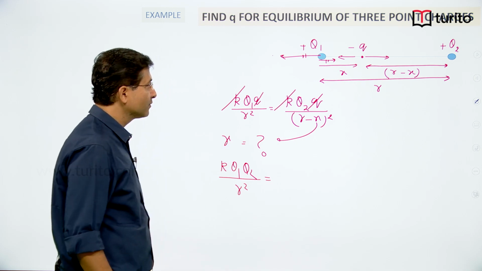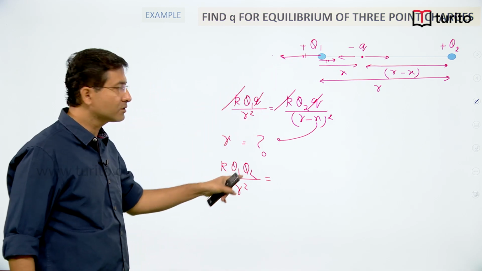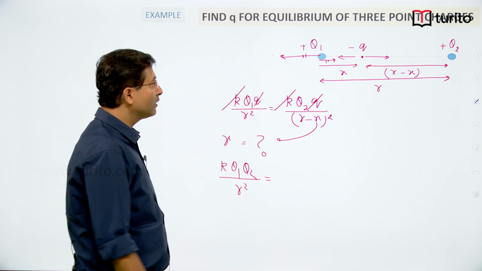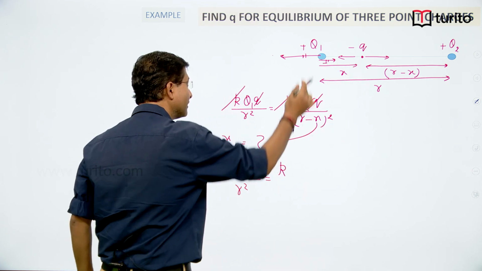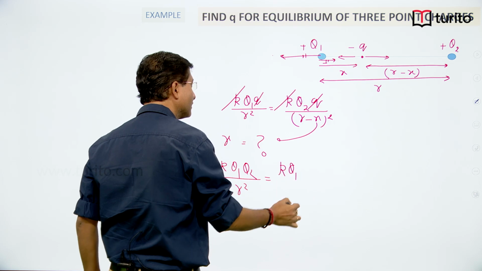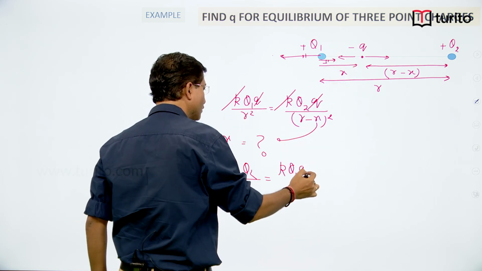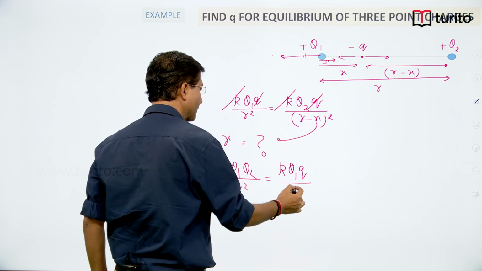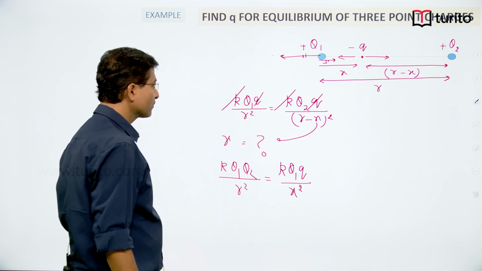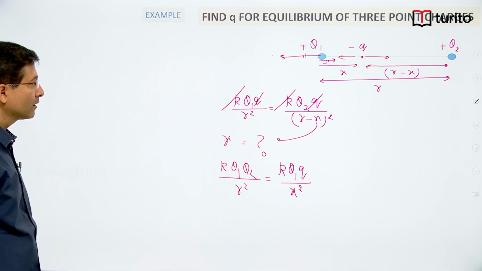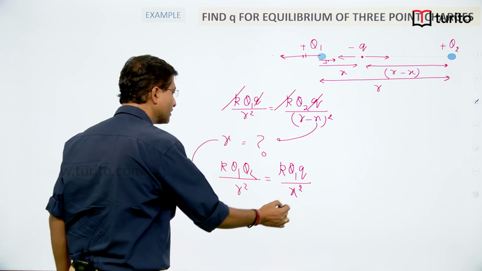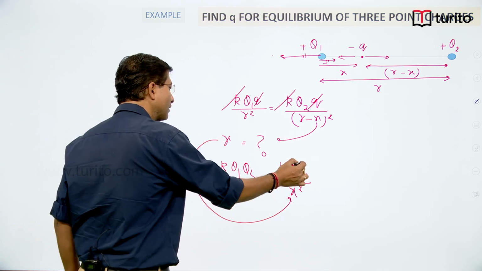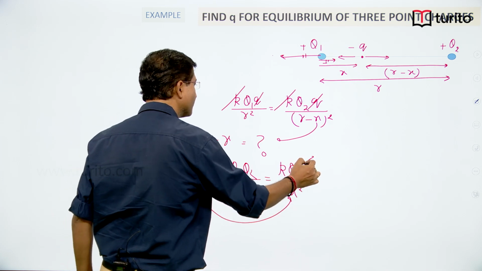This magnitude of force must be equal to this magnitude of force, that is K Q1 Q divided by x square. So, after getting the value of x, when you substitute in this equation, then you can find out the value of Q2.